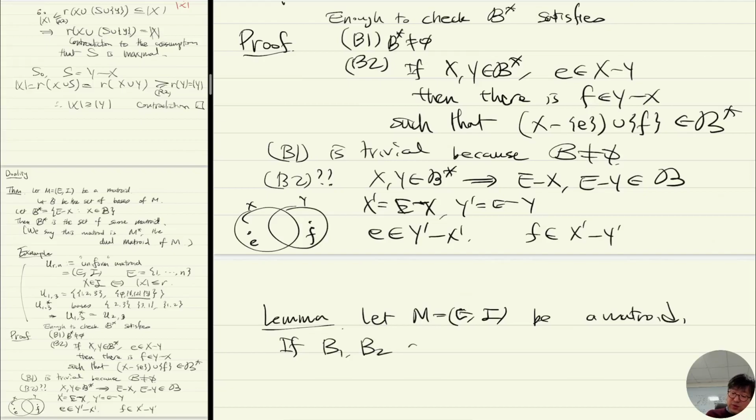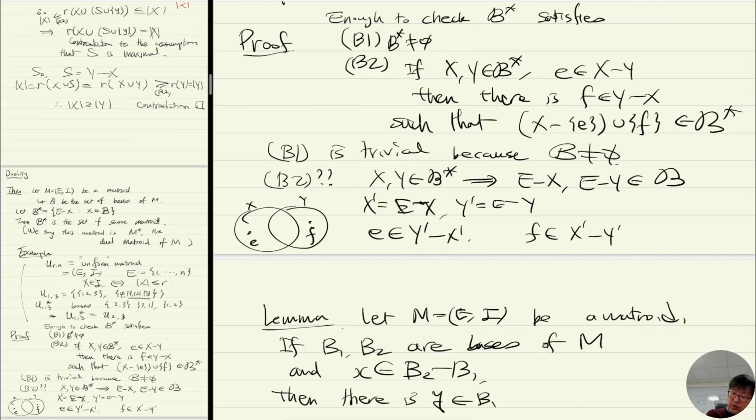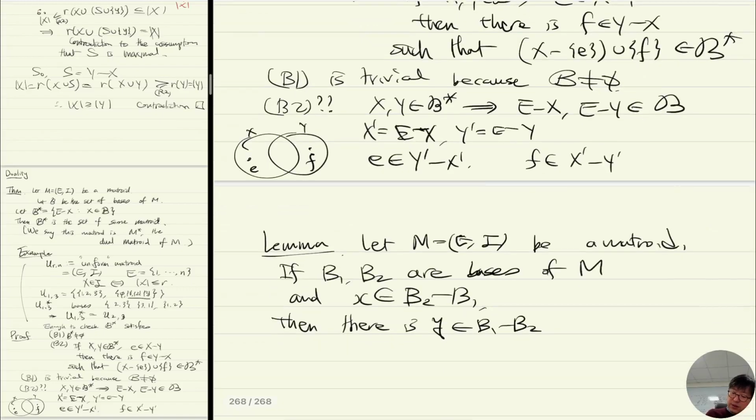If B1, B2 are bases of M and x is in B2 minus B1, then there is y in B1 minus B2 such that B1 union x minus y is a base.